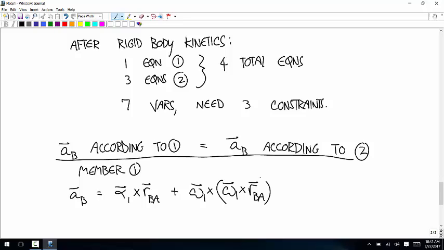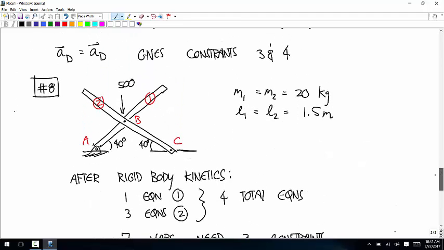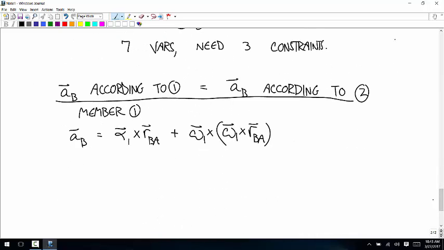And this one, it doesn't say anything about the angular velocity, so let's say that it's at rest at this instant. So the omegas are both equal to 0. All right, so that's B according to member 1.